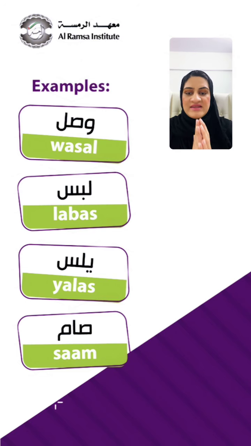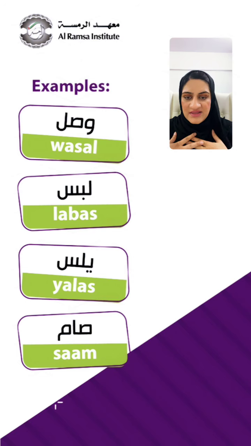So it's all the same: first letter, then there is an extension. Let me do the example of wasal. It will become wasil. So for me as a male, I can say أنا توني واصل, like I just arrived.